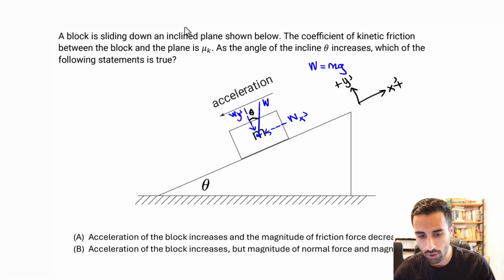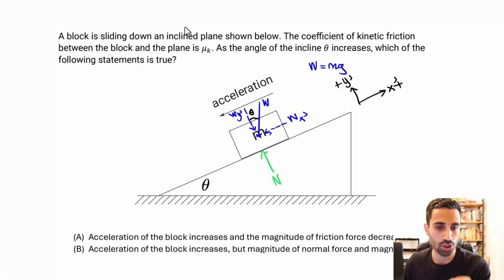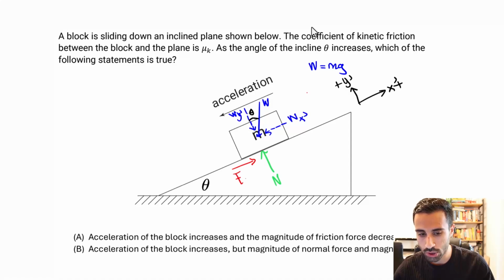With that said, we know we can denote the normal force. There's always that normal force, right? Perpendicular. Now, are we missing something? What's something I need to draw? The problem says kinetic friction between the block and the plane, and it has mu kinetic. There's kinetic friction. Now the acceleration is going this way, so the kinetic friction force is going to go this way.